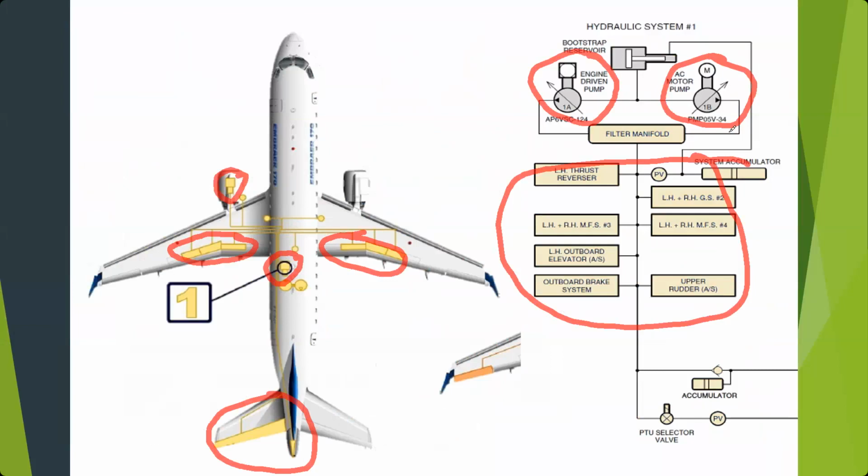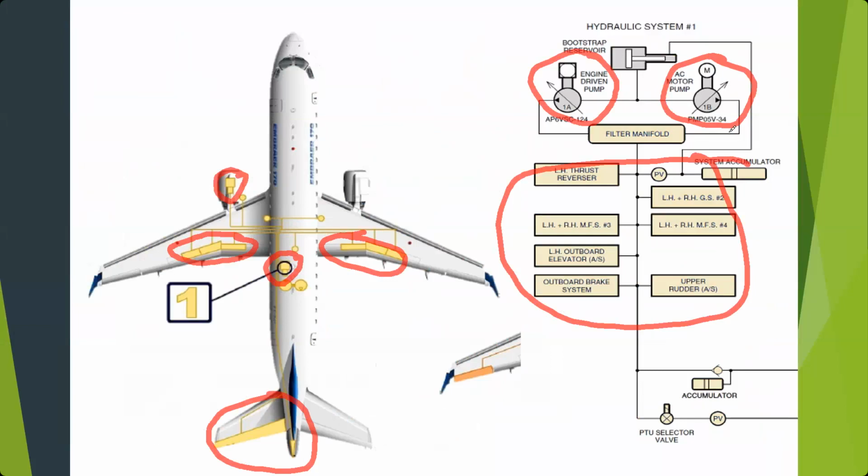So if we go back a little bit, let me go back 2 slides here. If we go back here, this is our engine-driven pump. More than likely, this AC pump right here is actually driven off the number 2. It gets its electricity from the number 2 electrical bus, which is primarily run by the right-hand engine generator. So you can see both engines, in a way, one directly and one indirectly, have a way to power the number 1 system.